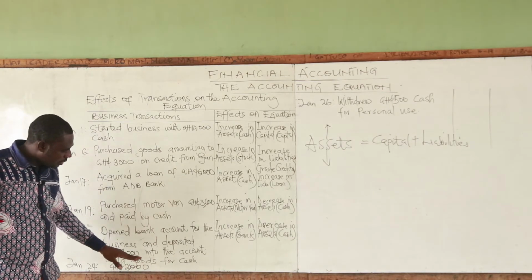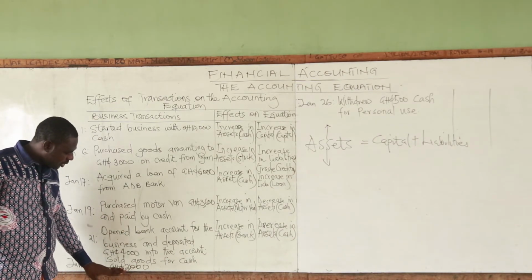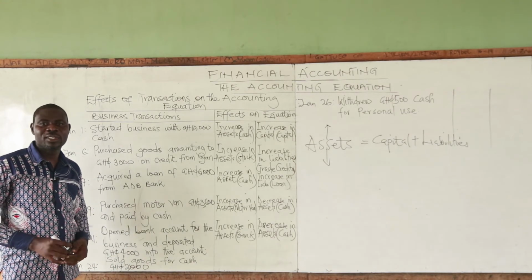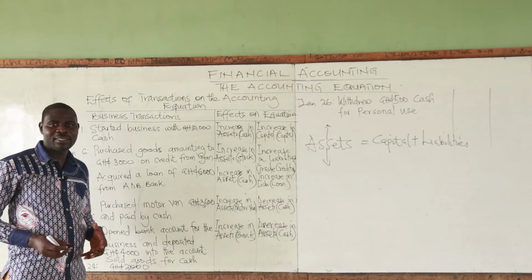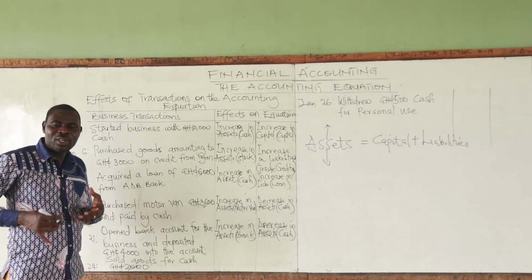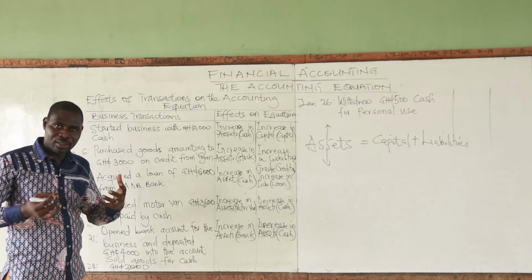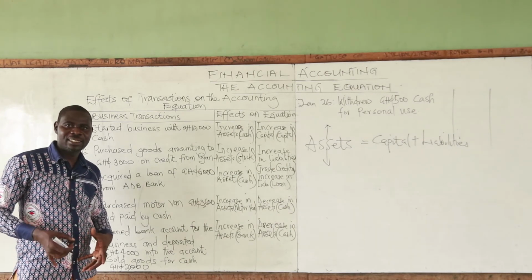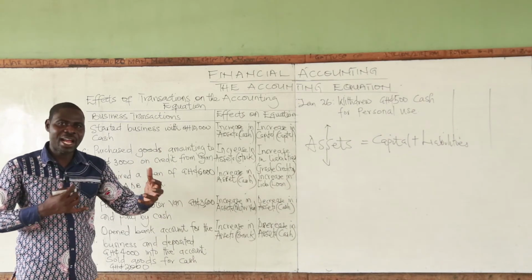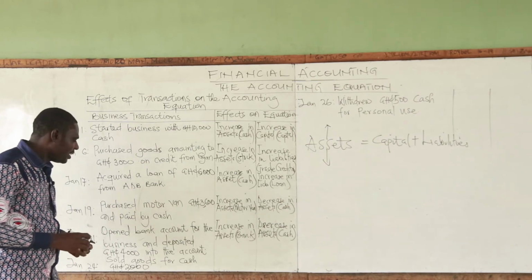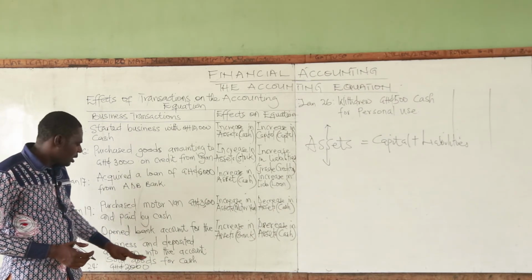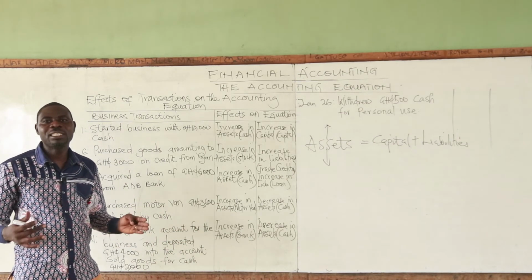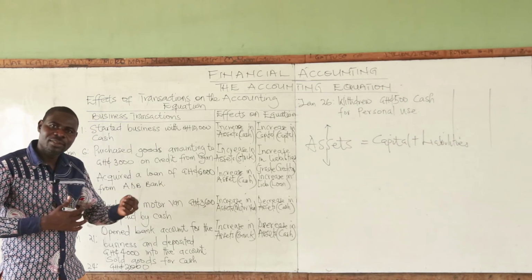Sold goods for cash. The amount is 2,000. Here we are selling goods and we are receiving cash. So the question is, what is leaving the business? Goods. What is coming into the business? Cash. We are exchanging goods for cash. So what will increase here? Cash. We are going to receive cash from the person we are selling to.